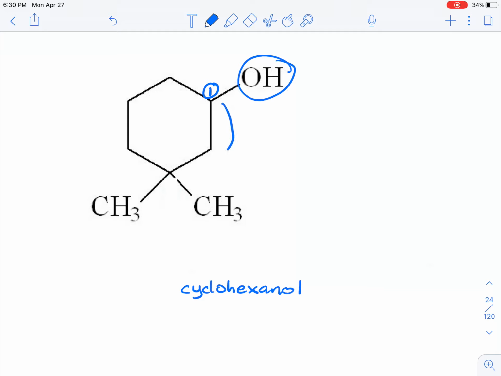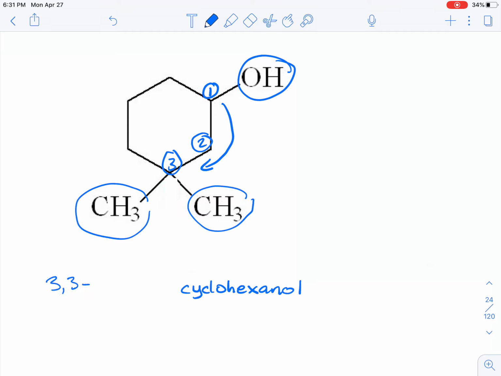And so if I number my carbons clockwise, I'm going to get a value that's going to be lower than if I were to number it counterclockwise. Okay. And so here I have 2 methyl groups. They're both on carbon 3 on the ring. So I'm going to say 3,3-dimethyl.